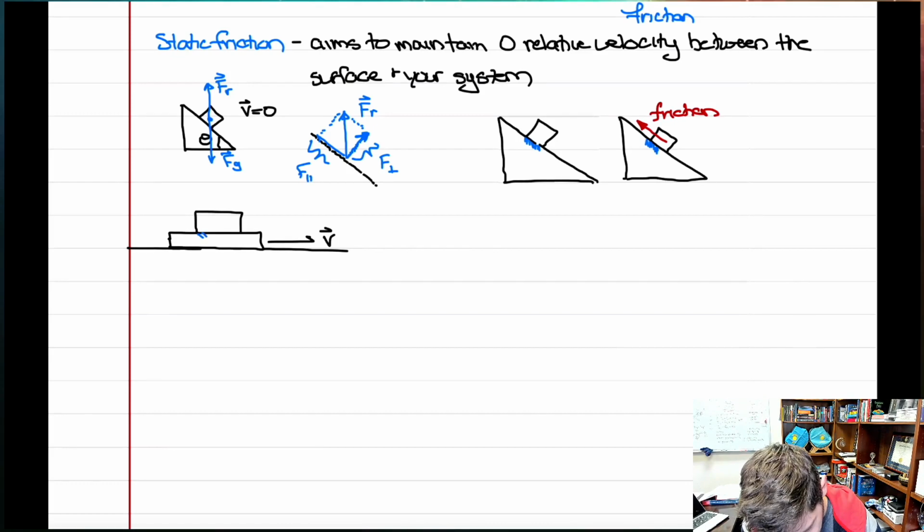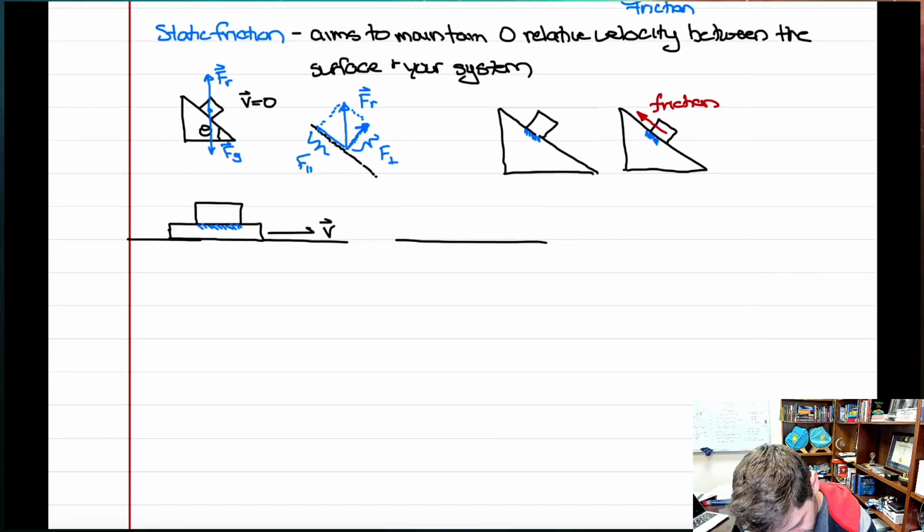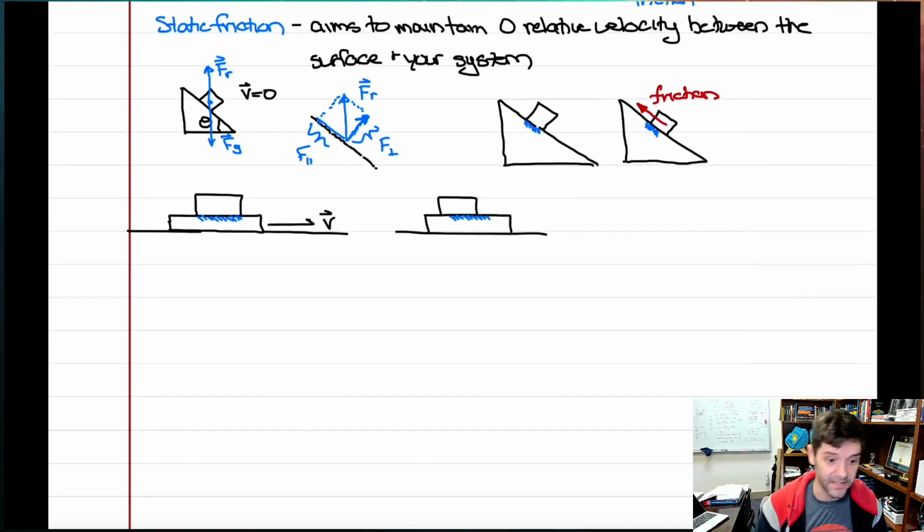So again, you can imagine painting where the case or the book or whatever it is started. Then you can imagine the location if there were no friction, a microsecond later. If you were to just pull on the bottom book and there was no friction between them, then there's no reason for that top book to move at all.